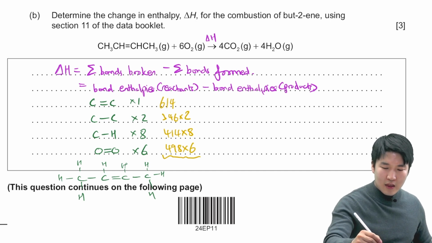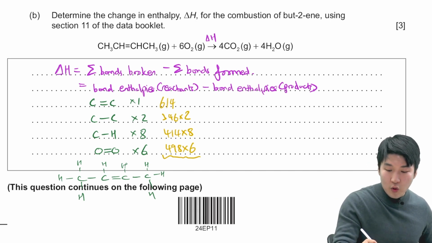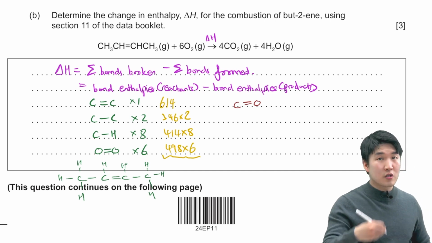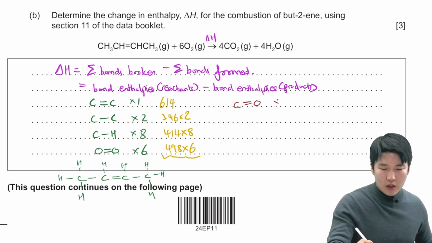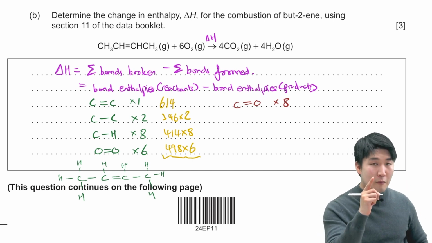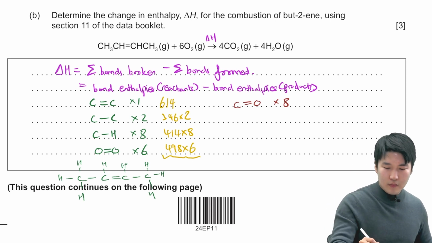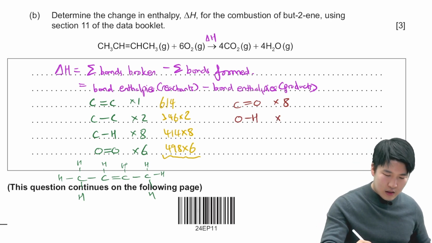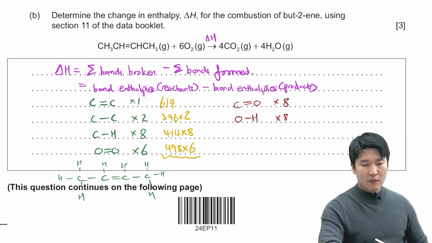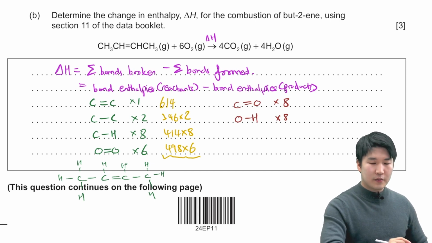Let's look at the bond enthalpies of our products. We do have, for carbon dioxide, carbon to oxygen double, and there will be 8 of it. Why? Because we've got 4 carbon dioxides, and per carbon dioxide, there are 2 carbon to oxygen doubles. We have O to H, and again, 8 of these: 4 water, where each water has 2 OHs.